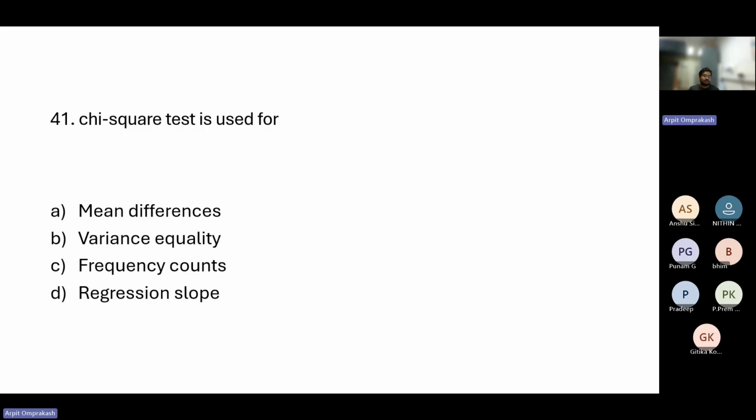So the answer here is actually C, frequency counts. A chi-square test is generally used when you have frequency data or count data and you want to see if your observed pattern is the same as something that is calculated.